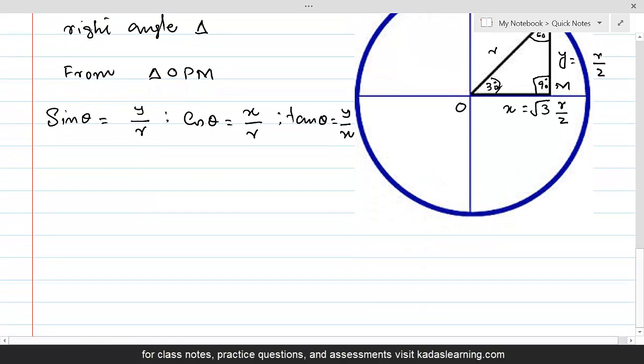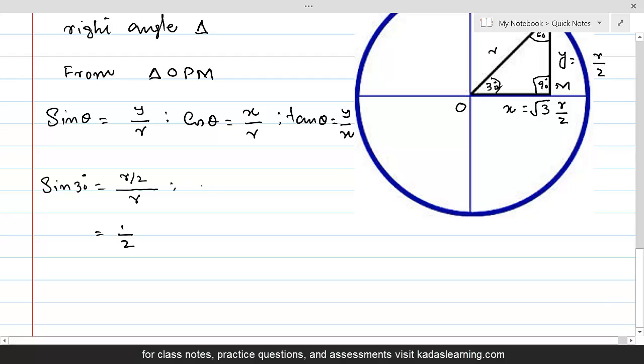At this stage, sine of 30 degree would become equal to, when central angle is 30 degree, r by 2 divided by r. So this will become equal to 1 over 2.